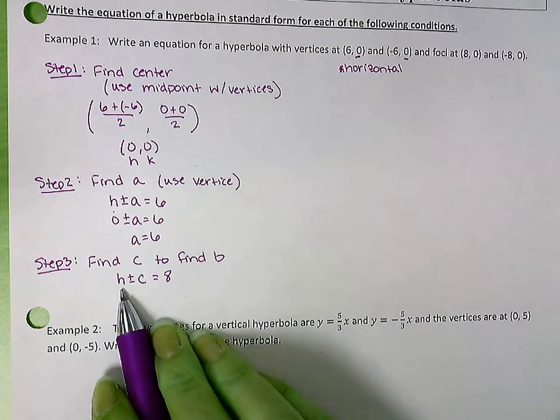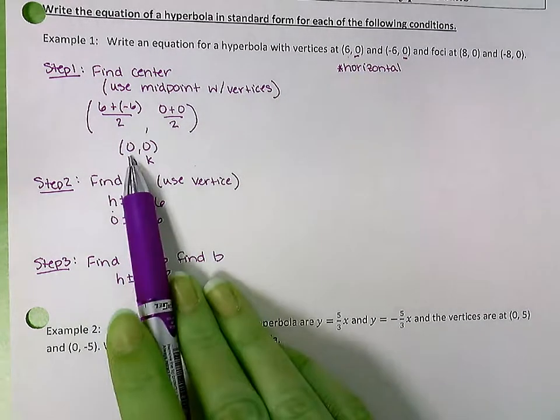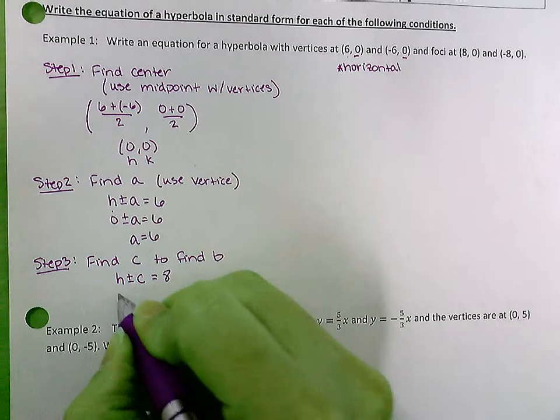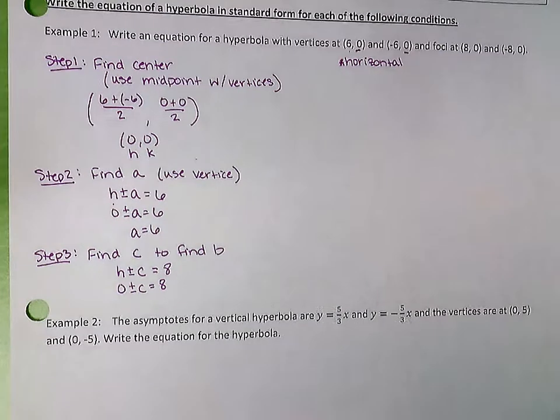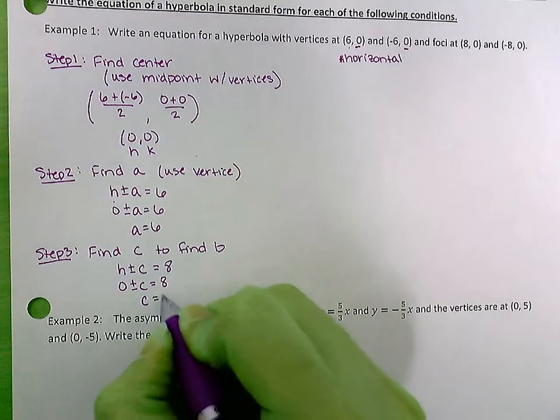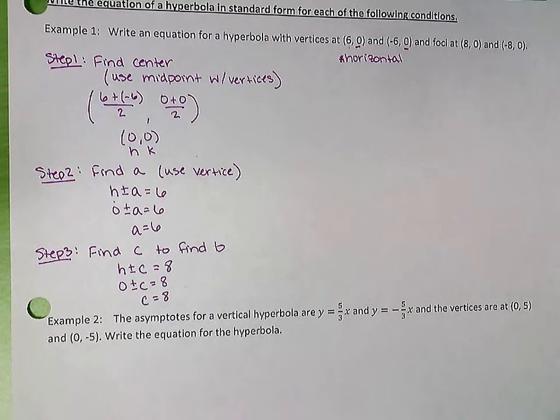And again, I can plug in my value for h. That's 0. And again, C should stay positive, so C is going to be equal to 8.